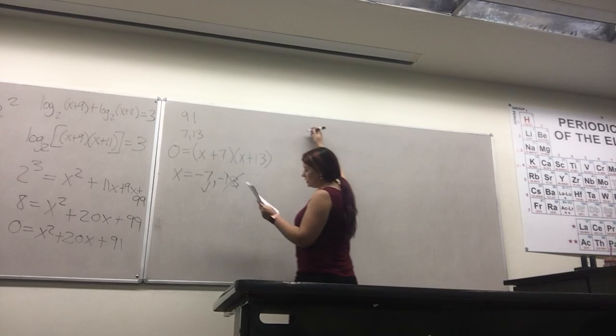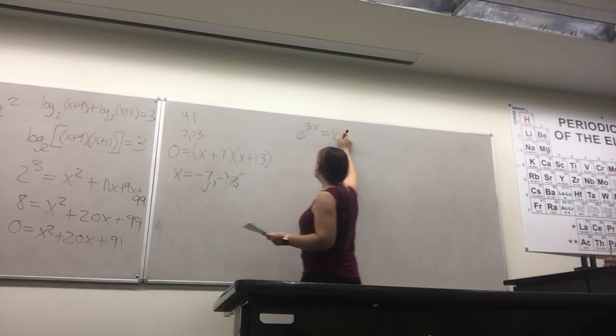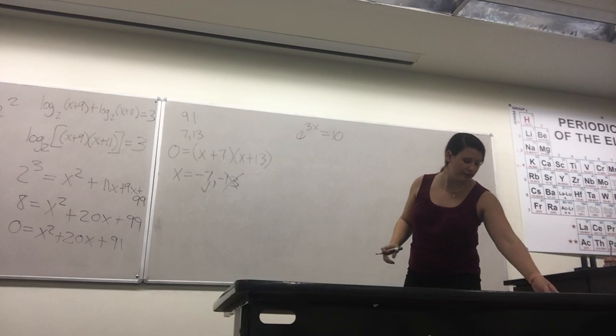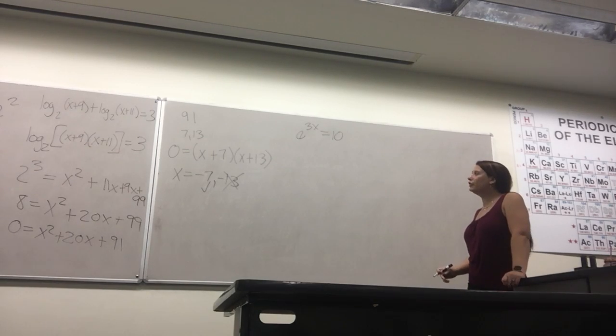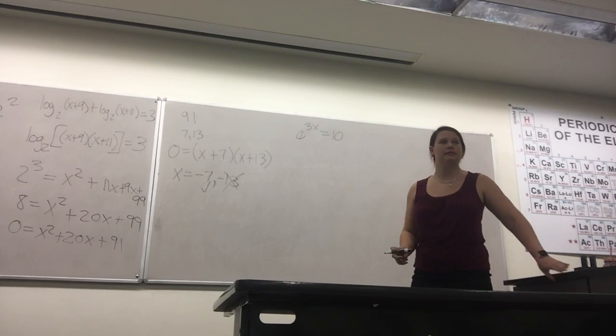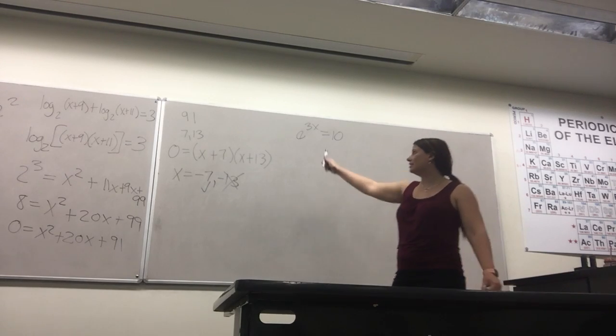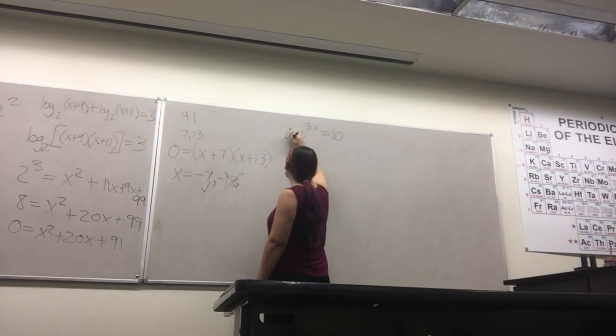So the first one is e to the 3x equals 10. So we want to solve for x. How do we get to that x? Natural log, because that's the opposite or inverse of the e. So take the natural log of both sides.